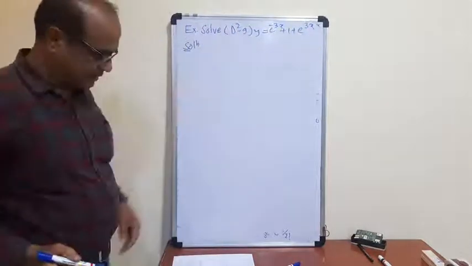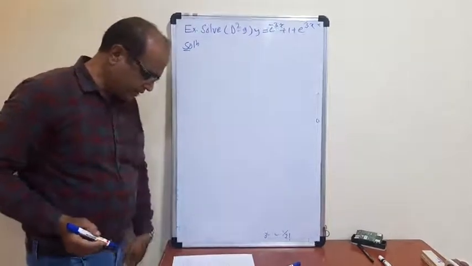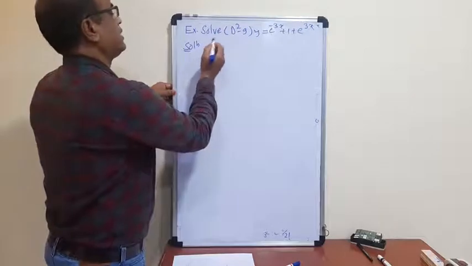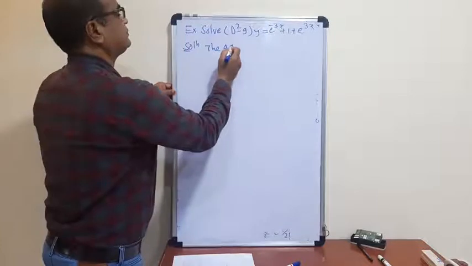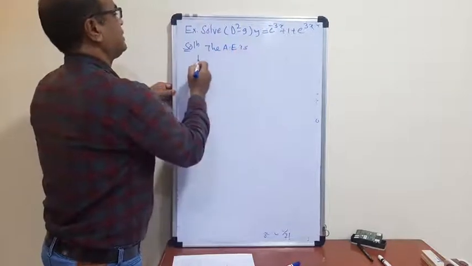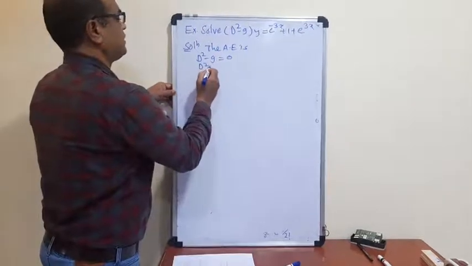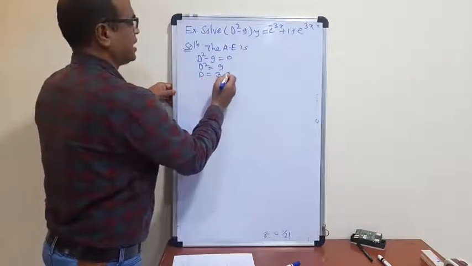So the right hand side is e raised to minus 3x plus 1 plus e raised to 3x. Okay, the auxiliary equation is D square minus 9 equal to 0. So D square is equal to 9, so D is equal to plus 3 and minus 3.